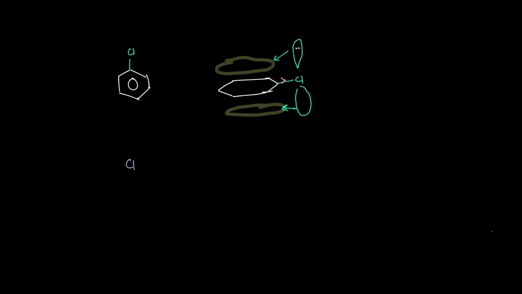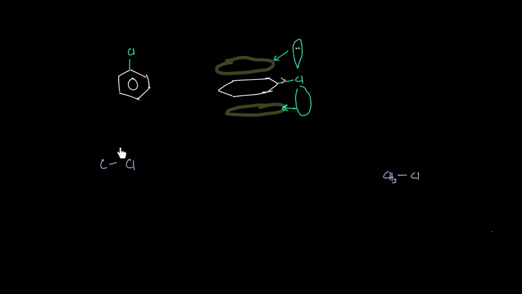And now I want to compare the C-Cl bond in chlorobenzene versus, let's say, a C-Cl bond in a regular halogenoalkane. So let's say I'm looking at something like chloromethane. Where is the C-Cl bond stronger?